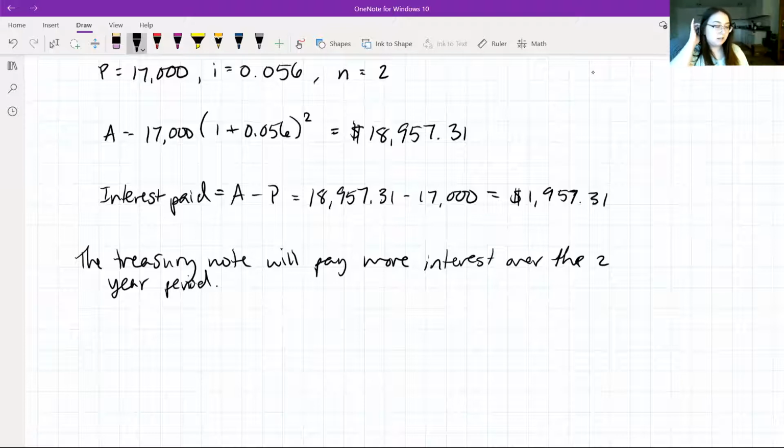And that is how we would calculate how much interest we would be making from each of these 2 separate investments. So we do the same thing separately, and then we compare.